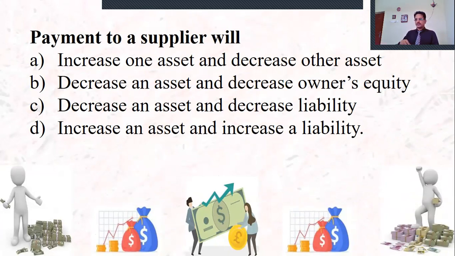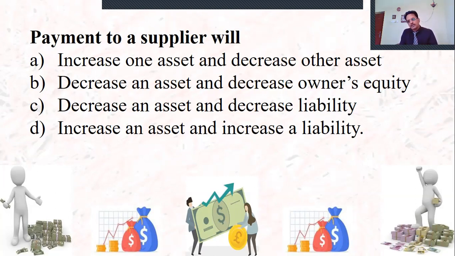And account payable, the supplier, is a liability, so when you make payment, the supplier liability will decrease. So asset and liability both will decrease. Check the options: decrease in asset and decrease in owner's equity; decrease in asset and decrease in liability; increase in asset and increase in liability. Only one option is decrease in asset and decrease in liability.